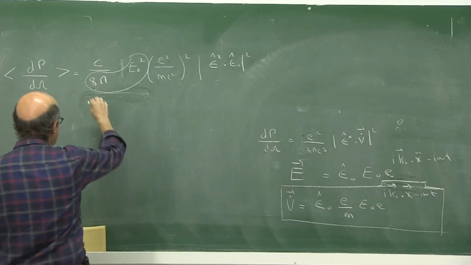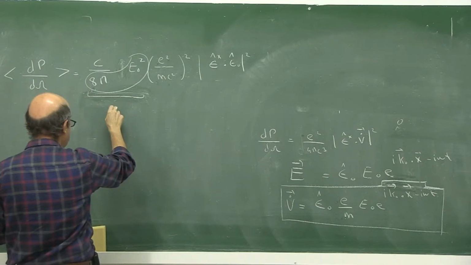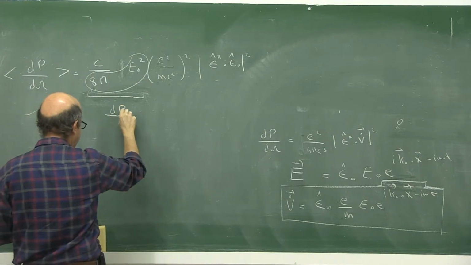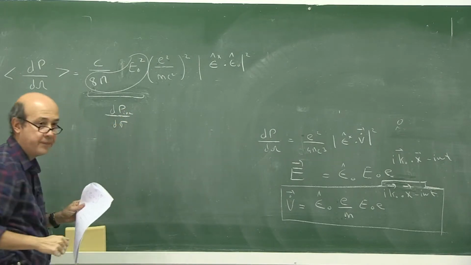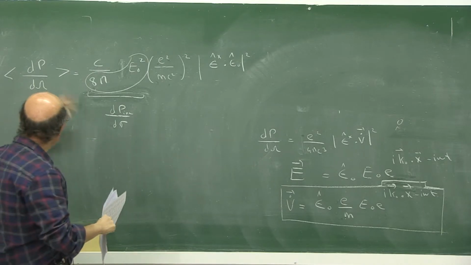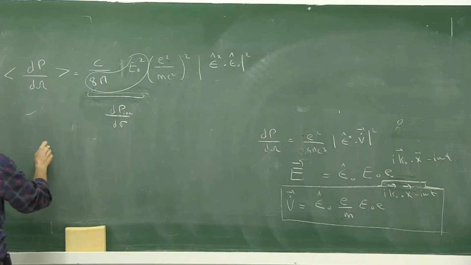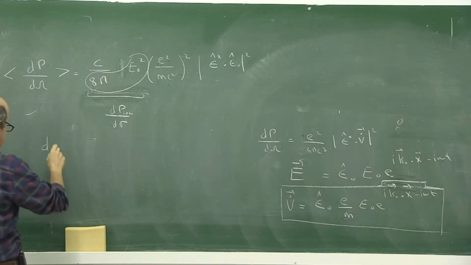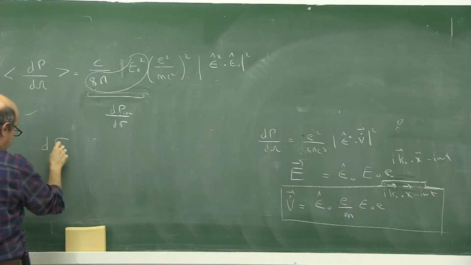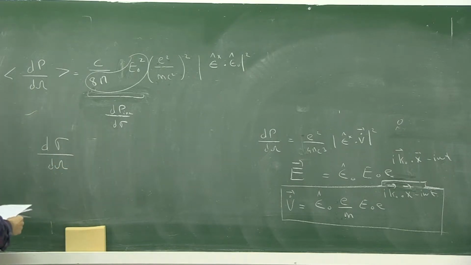So basically, this whole stuff here can be called incident power per area. And if you take this to the other side, the power dimensionally cancels. This will be the area per solid angle. That corresponds to the scattering cross section per unit solid angle.